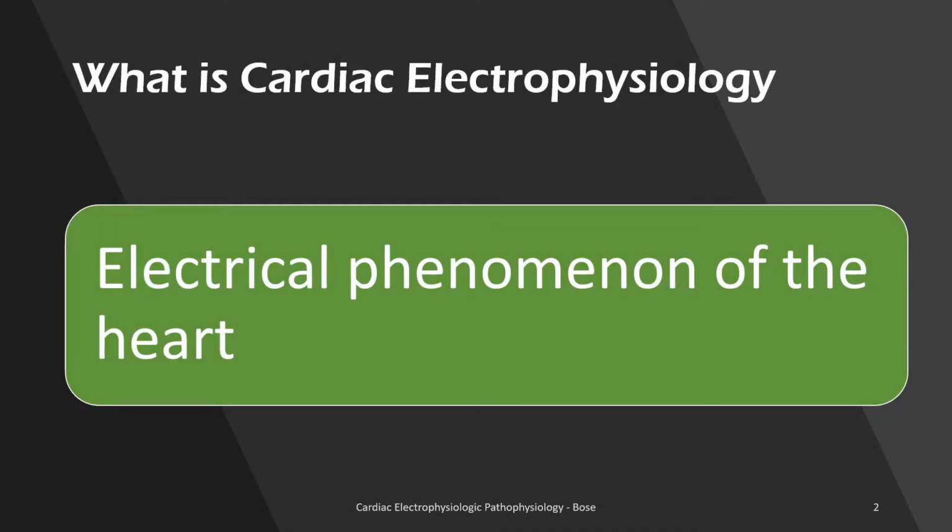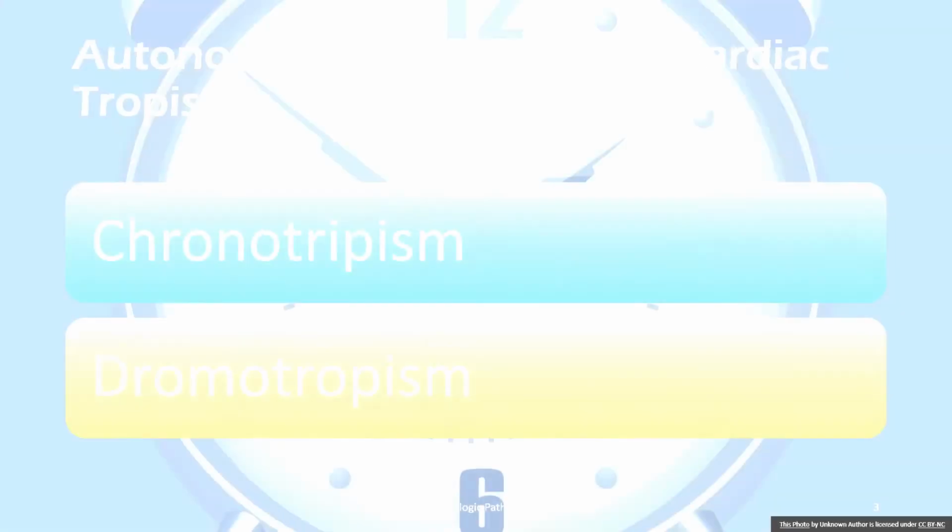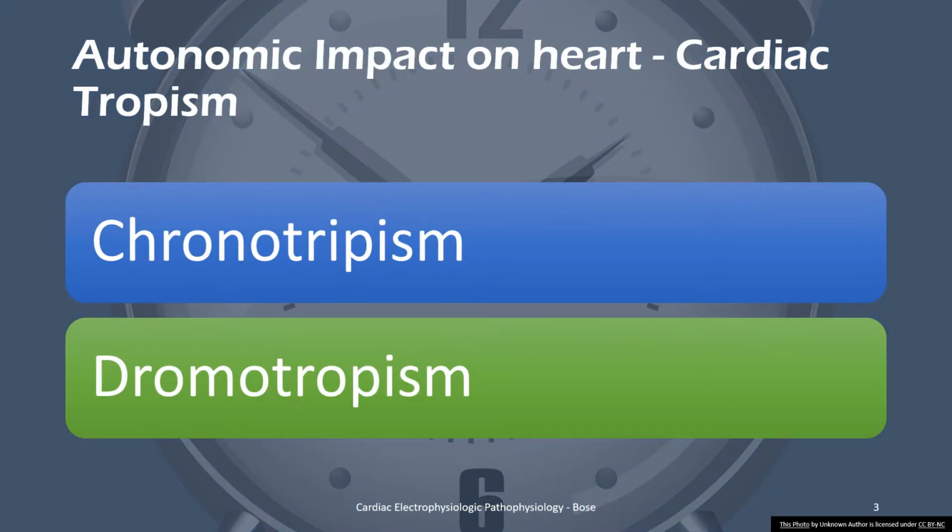As we know, the heart has both contractile muscle tissue as well as electrical tissue. Cardiac electrophysiology essentially deals with the electrical phenomena of the heart. The electrical tissues of the heart respond to autonomic influences of both chronotropism as well as dromotropism.